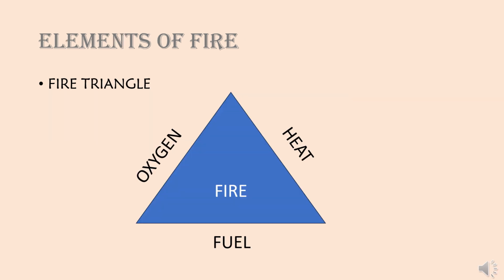Elements of fire. The element of fire can be described by the fire triangle and the fire tetrahedron. The fire triangle denotes that to cause fire, oxygen, heat, and fuel should be present in sufficient quantity, and there should be no interruption in this process.